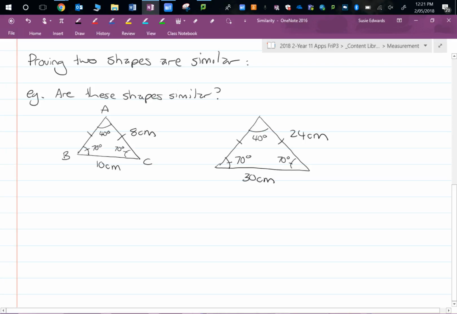So you could say, yes, K equals 3. Now, that's part A. If I then said, prove they are, we have to do something in particular. So if I have to prove they are, what do I have to prove?